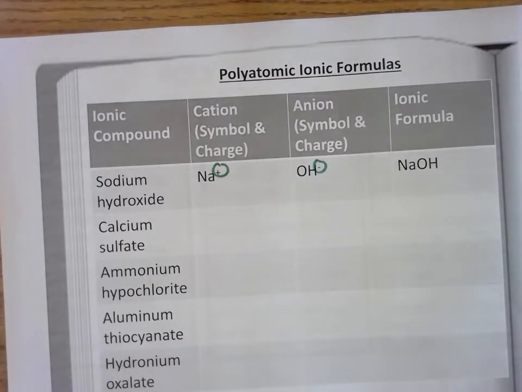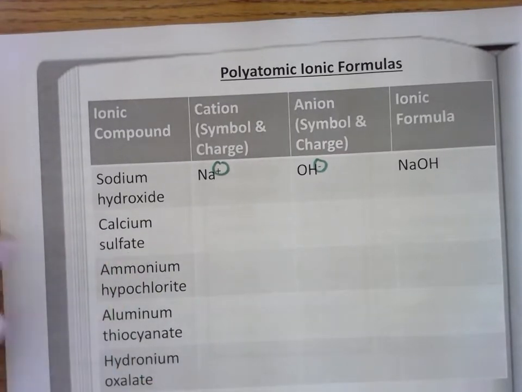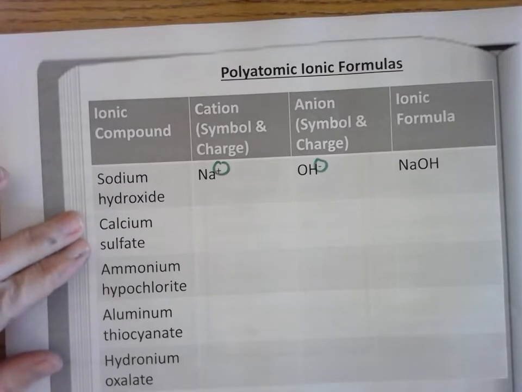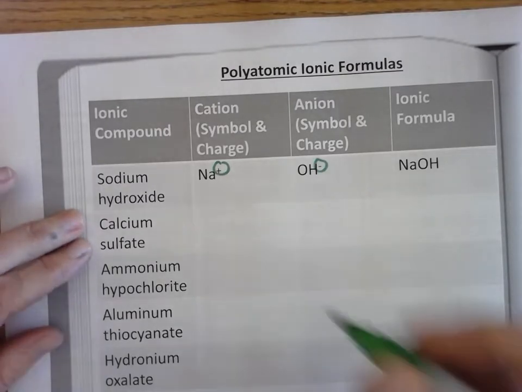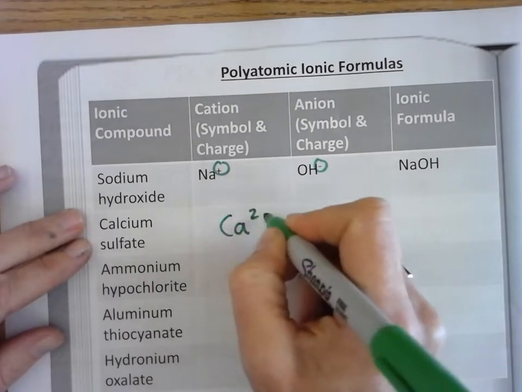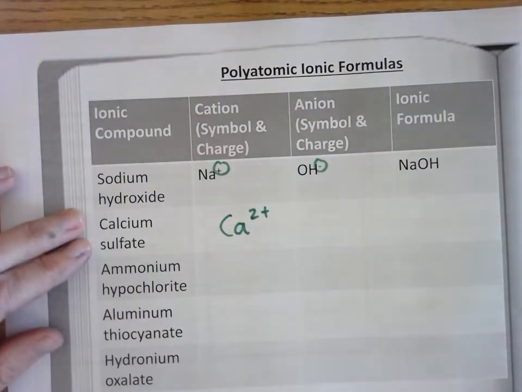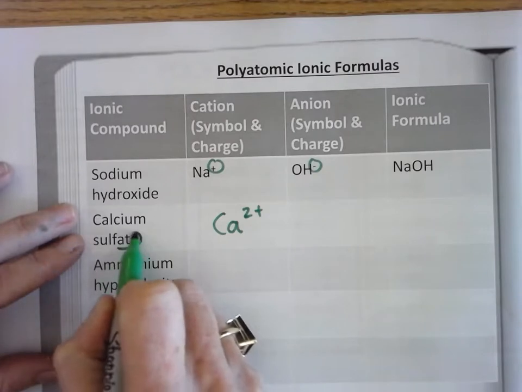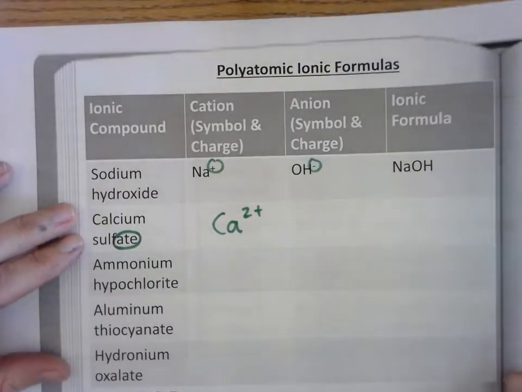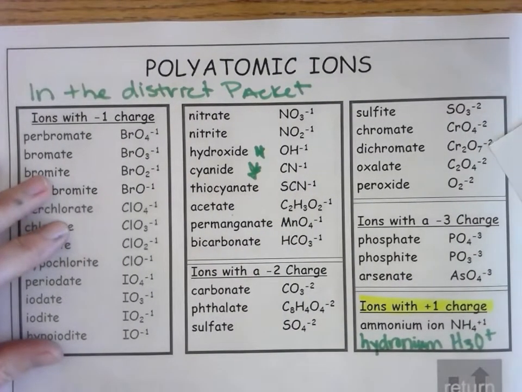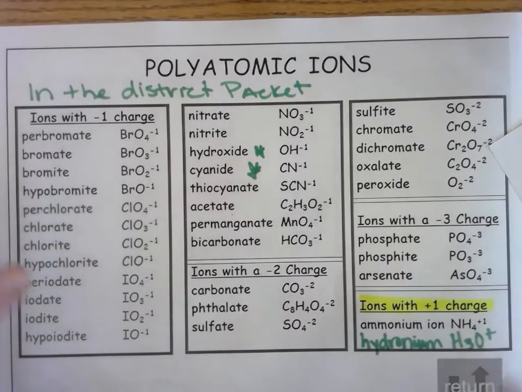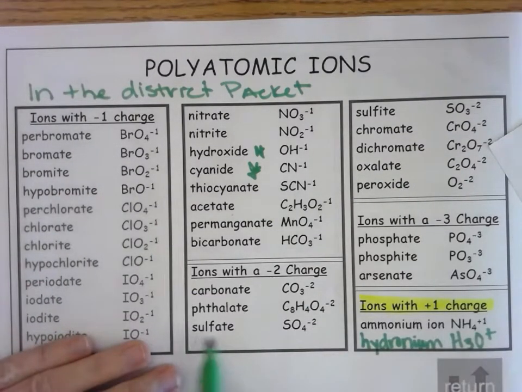Now we're going to move on to the next one. Calcium sulfate. Calcium is a group 2 metal. It loses both valence electrons and becomes +2. Sulfate ends in ate, so we're going to go to this chart and find sulfate. You look at the words. Here it is, sulfate. I'm going to write SO4 2 minus.